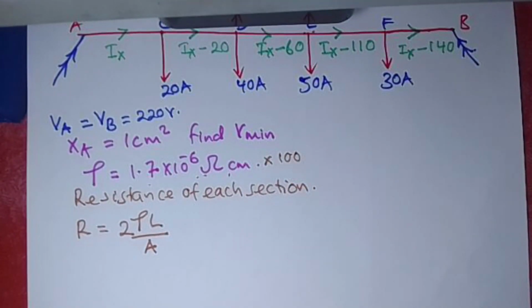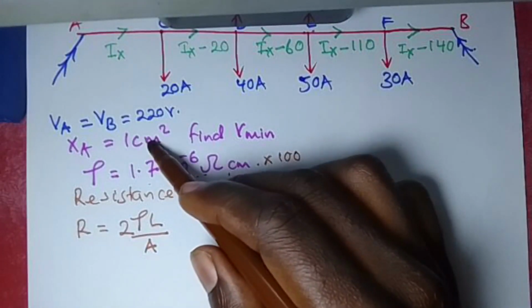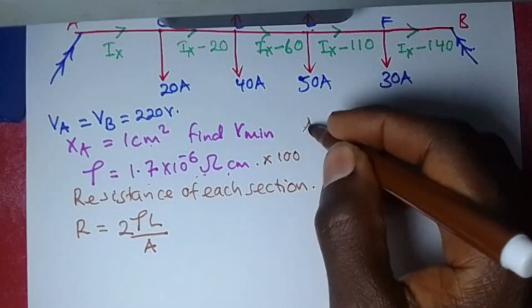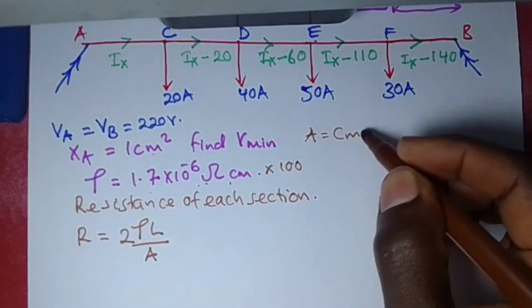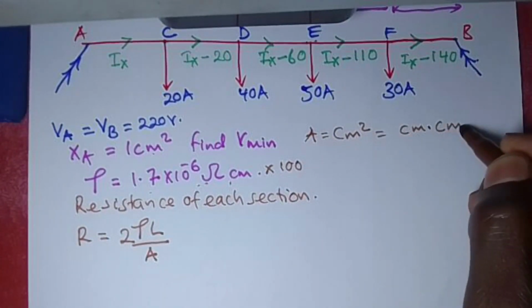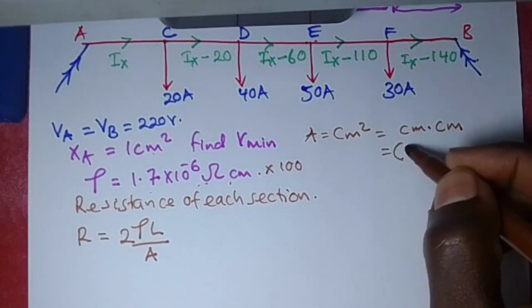Now when it comes to area, for area we shall need to divide it. 1 centimeter squared simply means centimeter times centimeter, not so? So to change this into meters, we divide by 100.